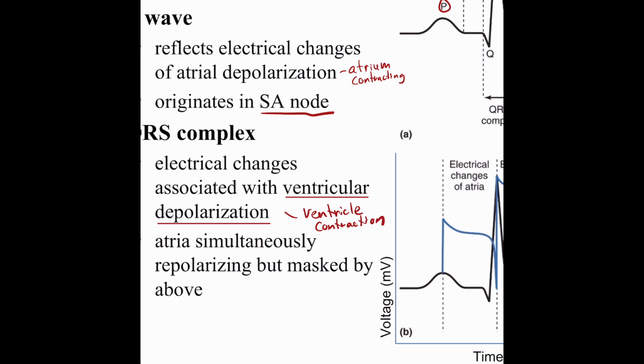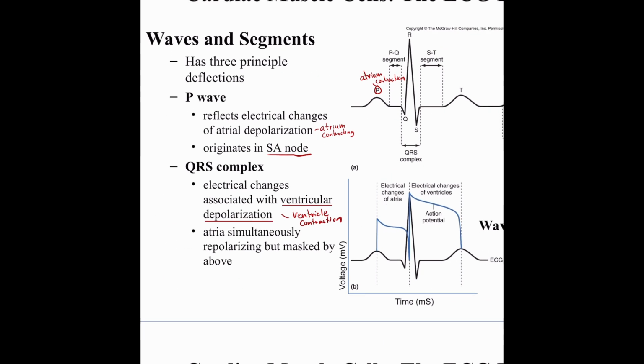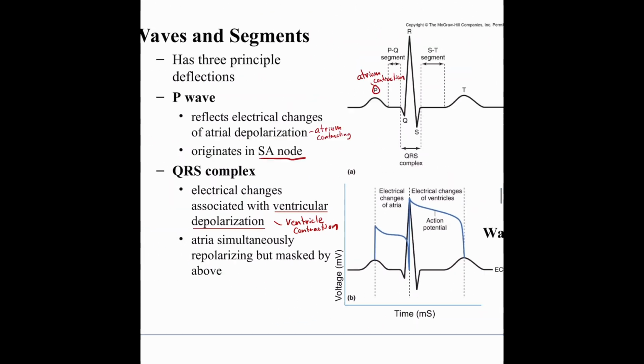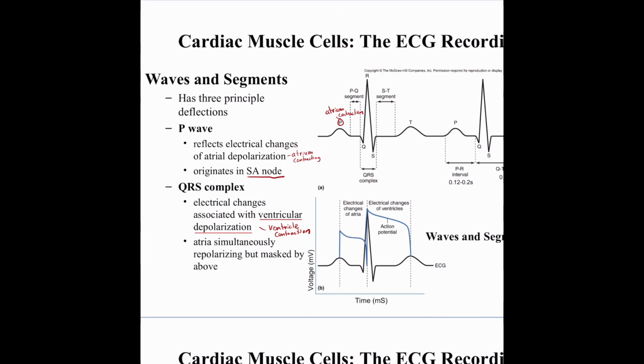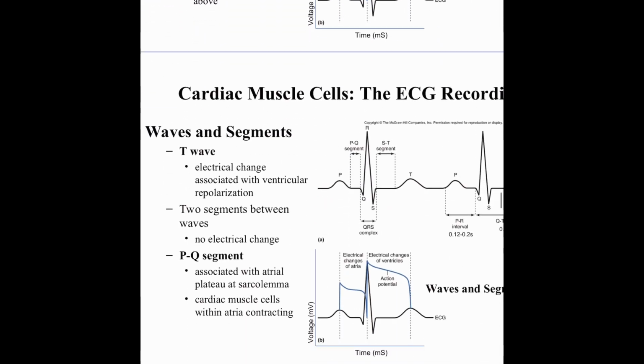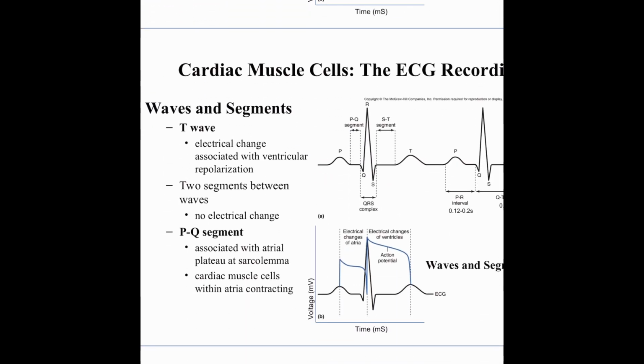So we now know this is associated with atrium contraction. The QRS complex is the electrical changes associated with ventricular depolarization, or ventricle contraction.